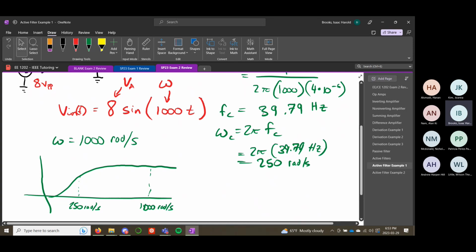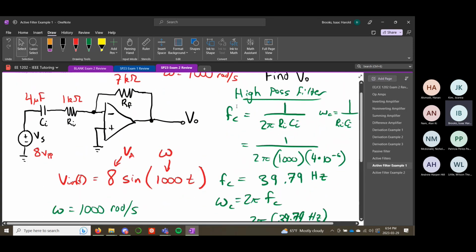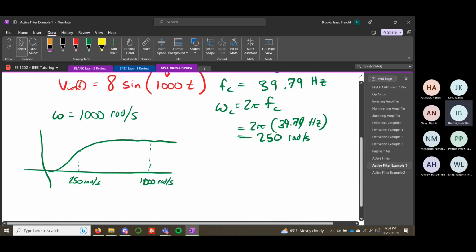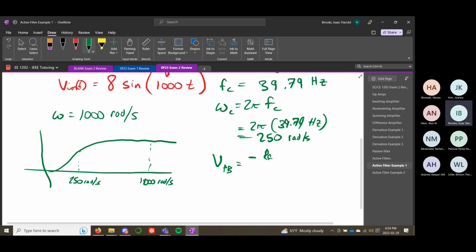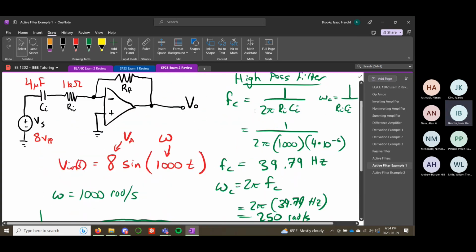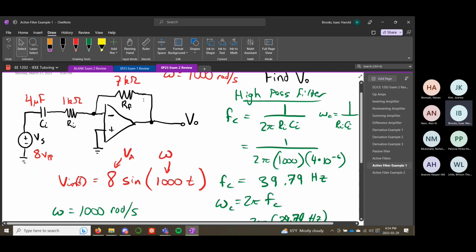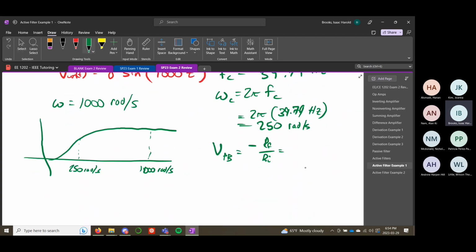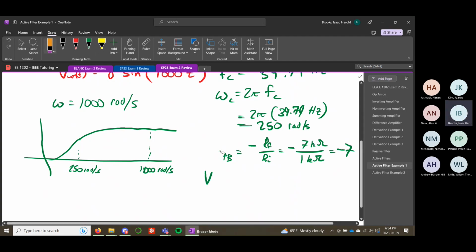So if we want to find the gain of this circuit, we can use the approximation. The passband gain is negative RF over RI, which in our circuit, RF is 7 kilo ohms and RI is 1 kilo ohm. That's negative 7 kilo ohms over 1 kilo ohm, which is negative 7.